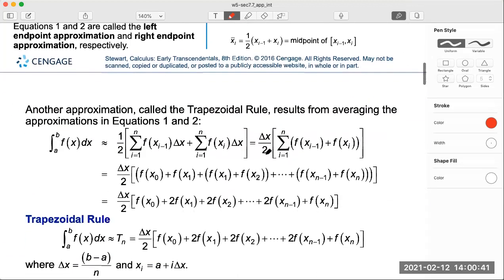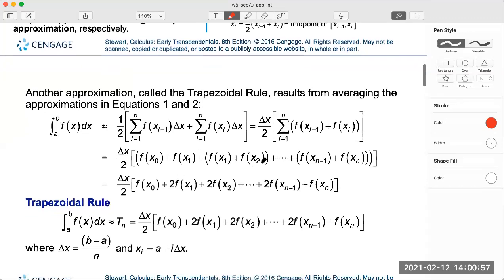Let us just take a sum of them. Because delta x is the same for both, we can factor it out, and the average of them will be 1/2 of these two formulas. When we do some algebra, we see that this is the average of the left endpoint rule and the right endpoint rule.